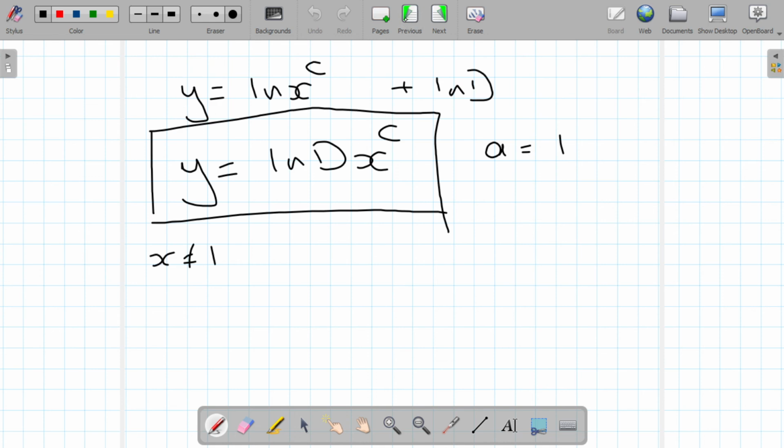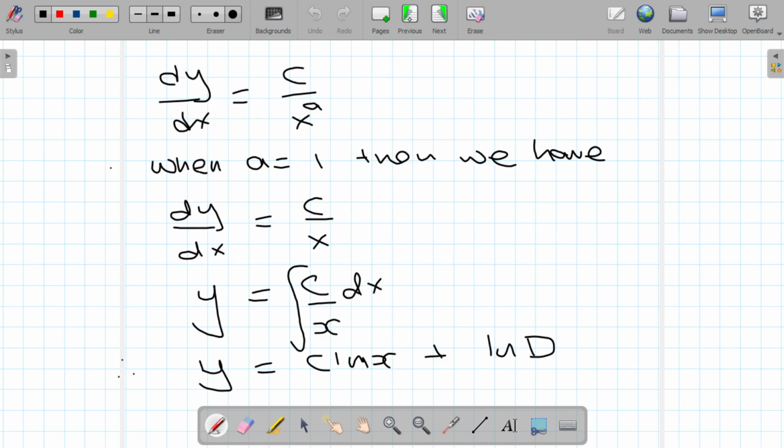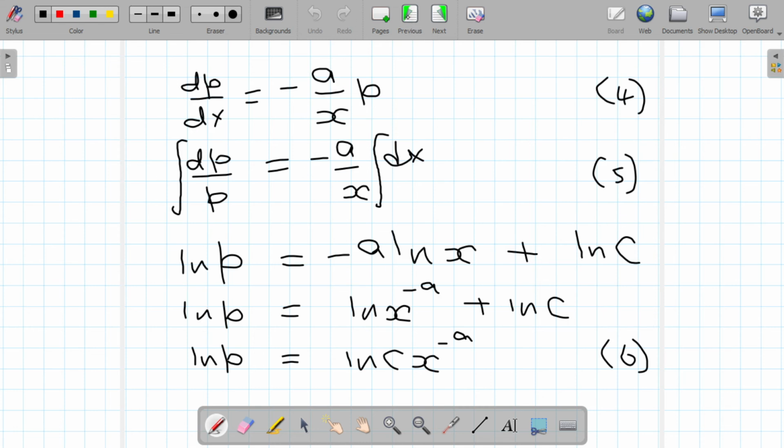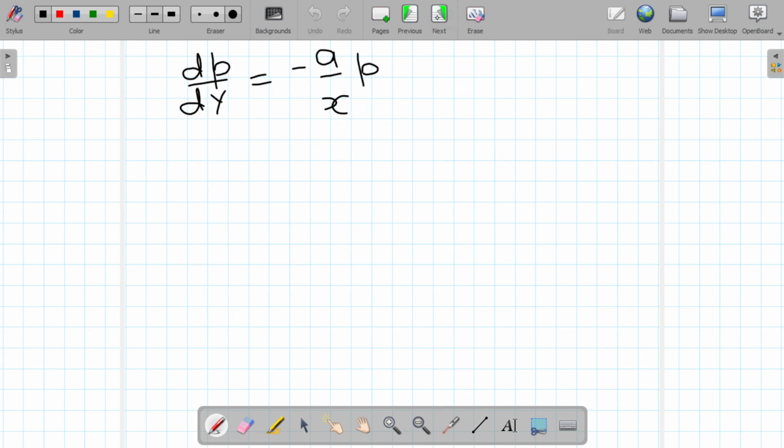I'll just go back and see what we labelled that equation as. That was equation 4. dp by dx is equal to minus a over x p. I've gone back a bit too much, really, but anyway, we'll write down the solution again.